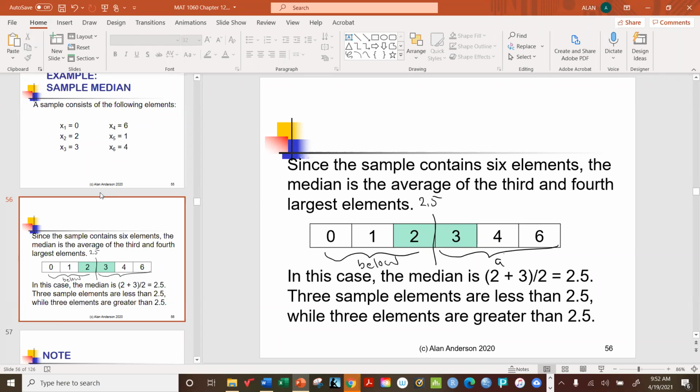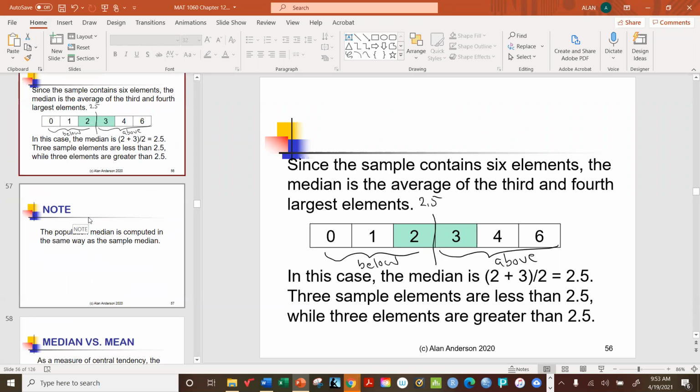So even though 2.5 is not even in our sample, we can think of that as our median value. It's the dividing line between the ones below and the ones above. All right.